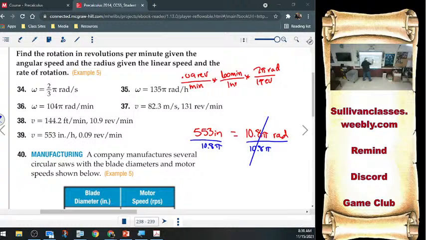My radius is that. Okay? Or set up the proportion, but you got ones on the bottom, so same thing.